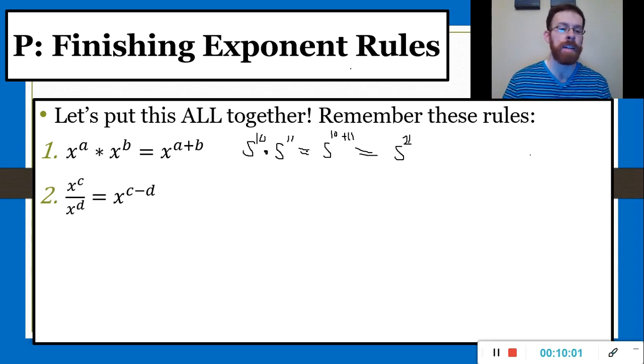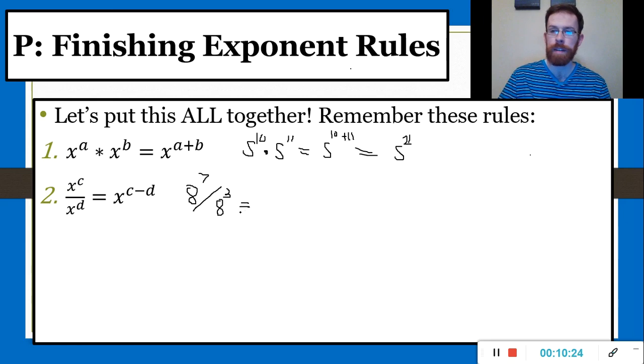Besides the point. If you divide variables, you subtract the exponents. So let's deal with just straight numbers this time. Let's go with 8 to the 7th power divided by 8 to the 3rd power.